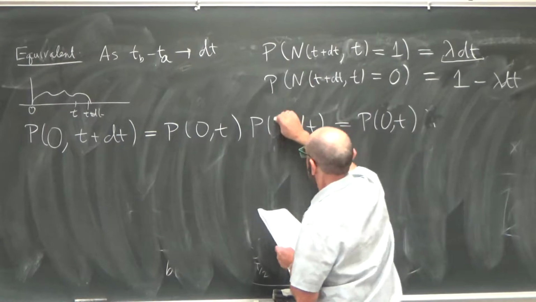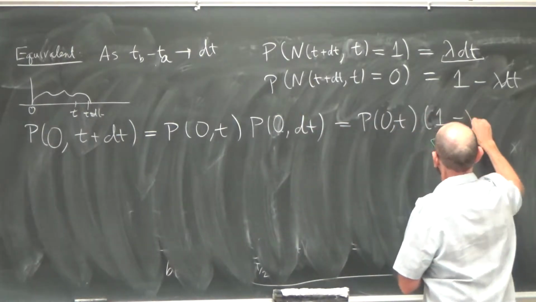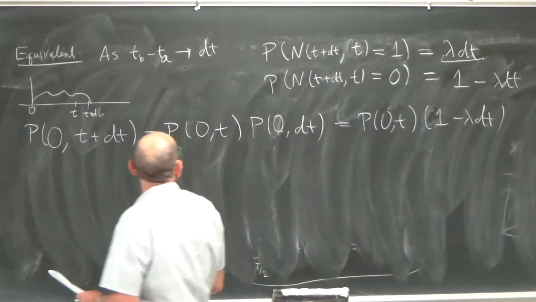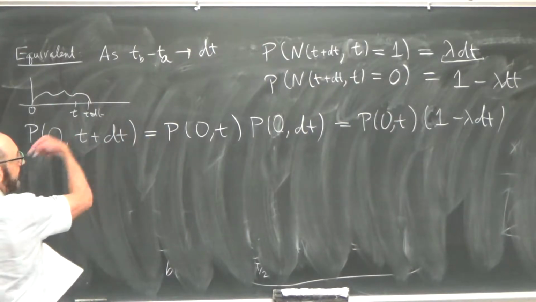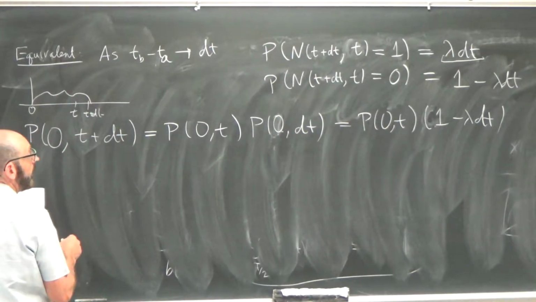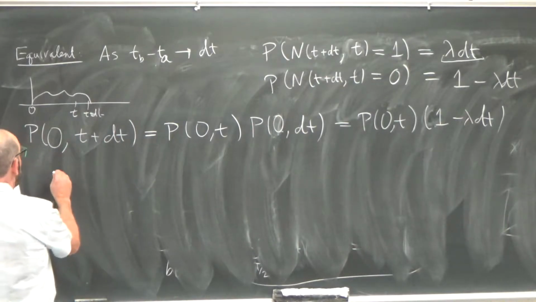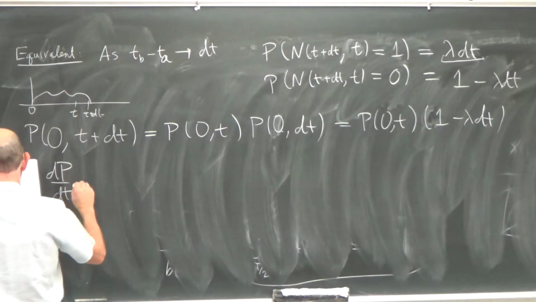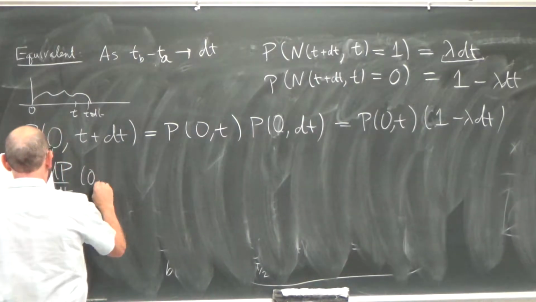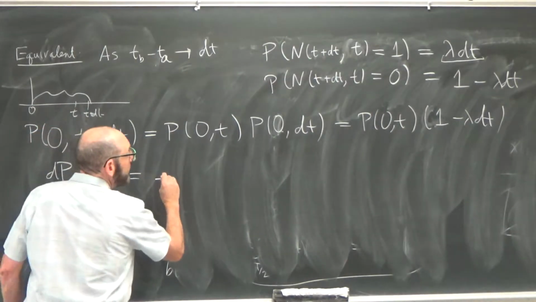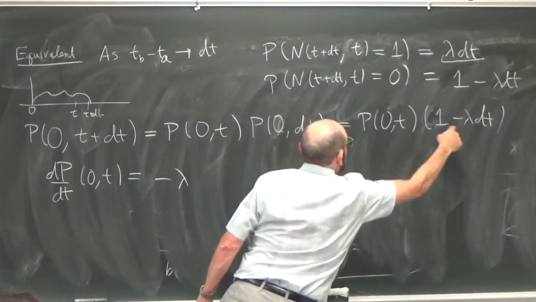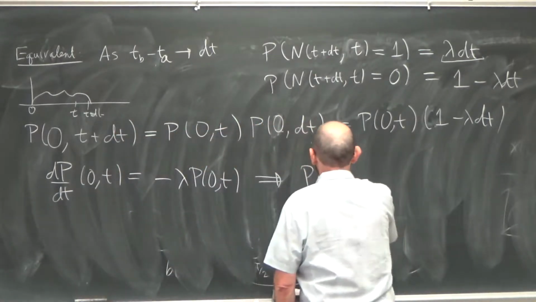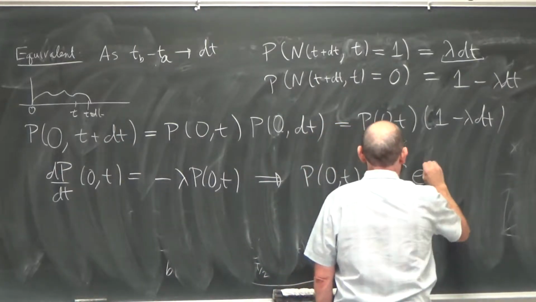Zero, yes, indeed. So that's 1 minus lambda dt. Good. So that tells us, taking that to the other side, that the derivative of the probability of seeing no counts up to time t is equal to minus lambda times the probability of seeing no counts, which tells me that the probability of seeing no counts behaves exponentially.